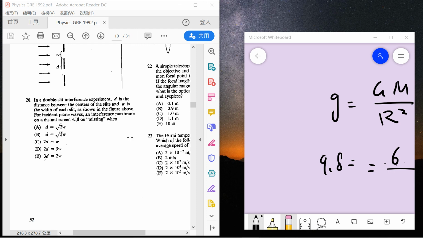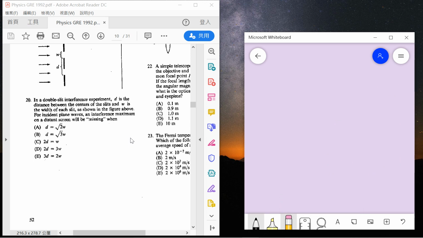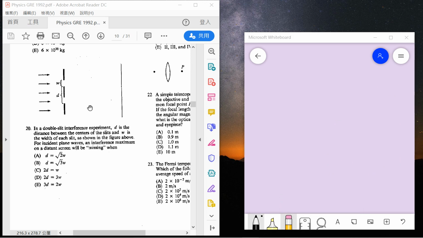Okay, 20 is about diffraction and interference. So basically we have double slit interference.